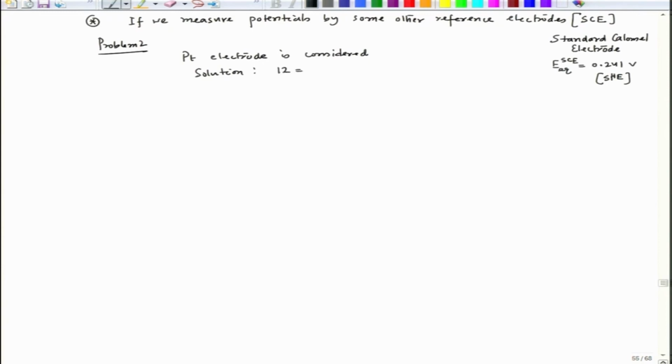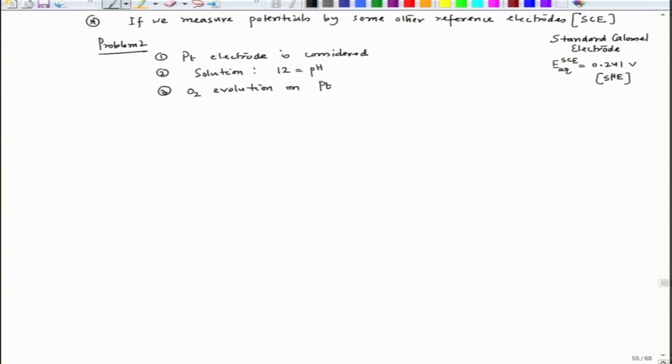So, the solution pH is 12, and in that situation we are seeing oxygen evolution on the platinum electrode. So, these are the three statements.